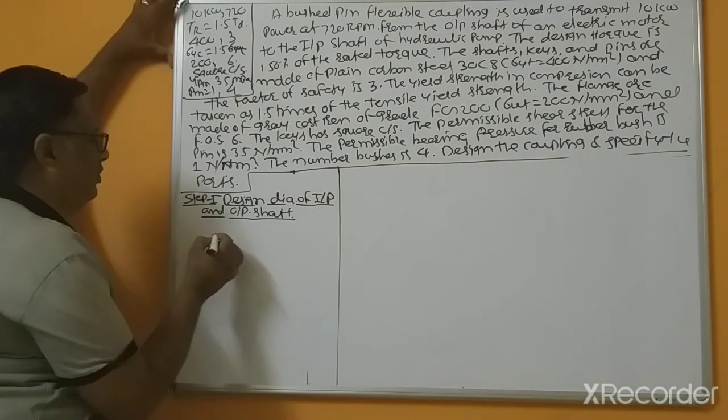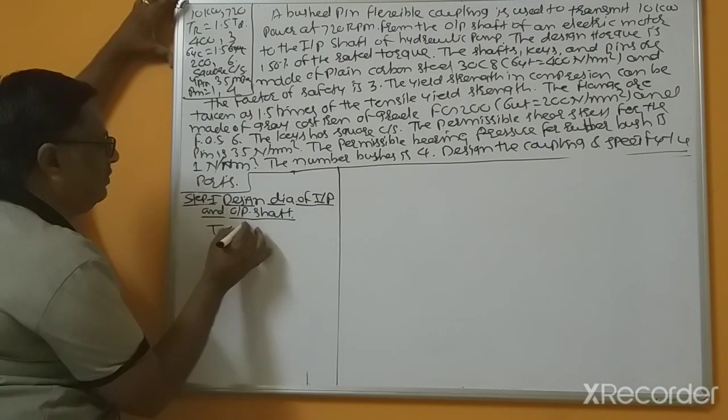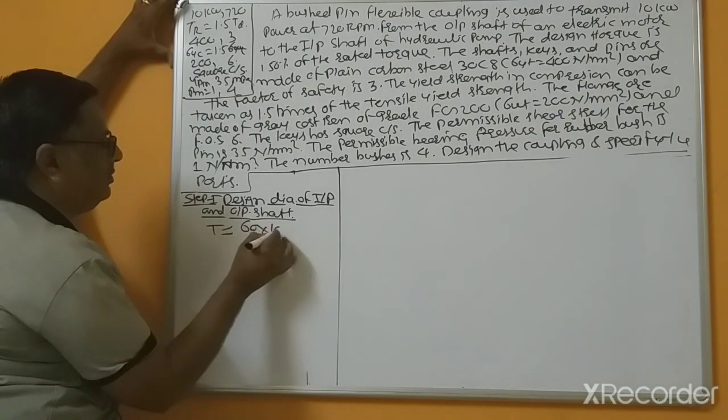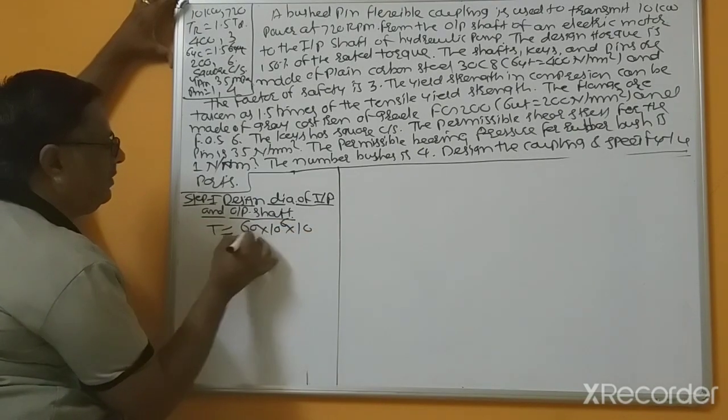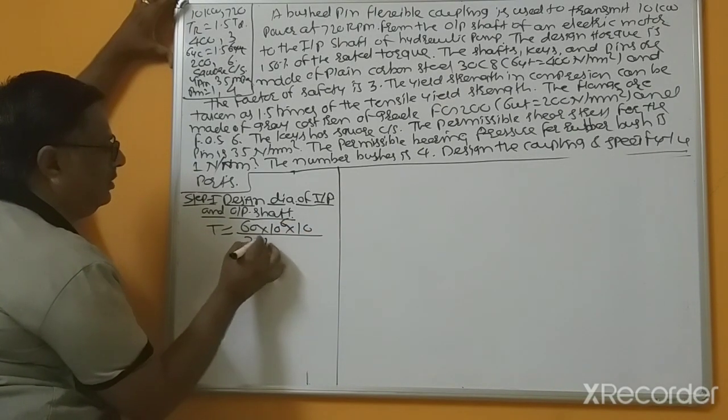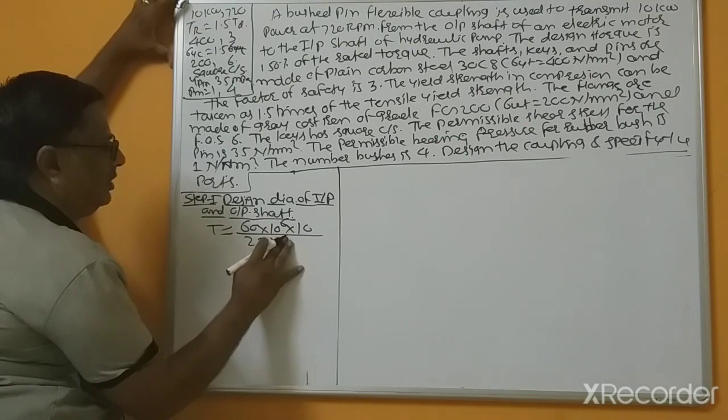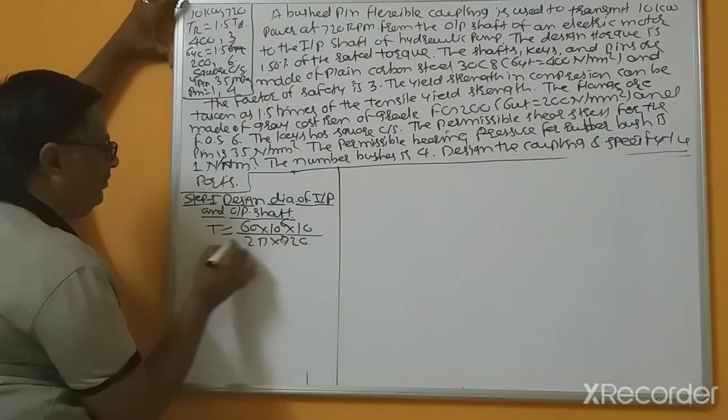Now by using the formula T equal to 60 into 10 to the power 6 multiplied by power 10, directly I am taking RPM 720.